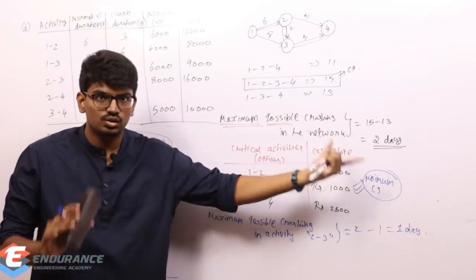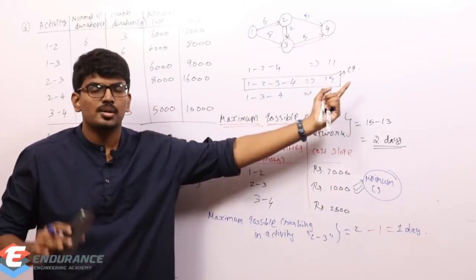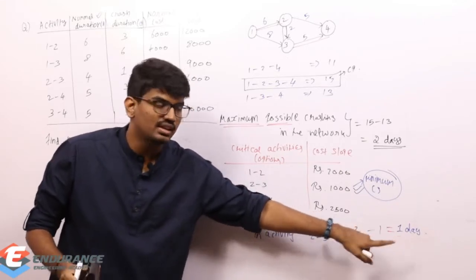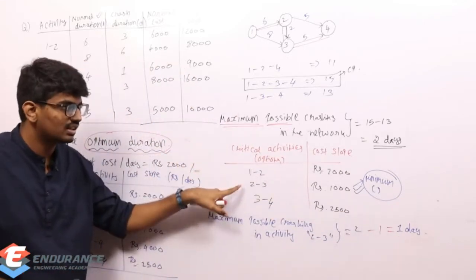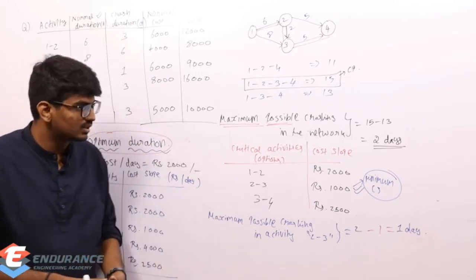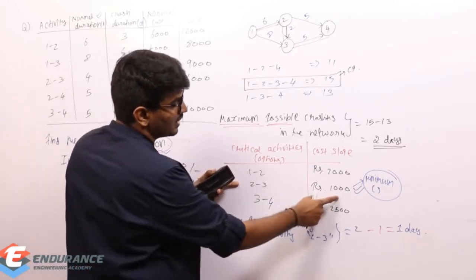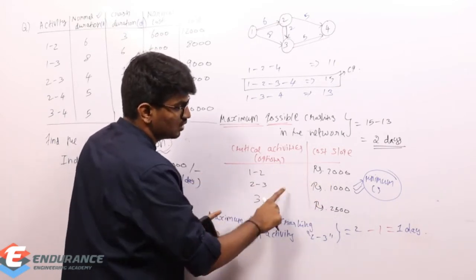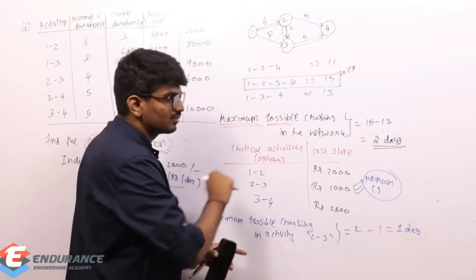I need to crash 2 days in this path, but availability was only 1 day. So obviously I need to crash 1 day. This will be crashed by 1 day, and I need to choose the next one. Next one is what? Next minimum cost slope. After 1000, 2000 only is available, right? So 1 day I will crash 2 to 3. Another 1 day I will crash 1 to 2.